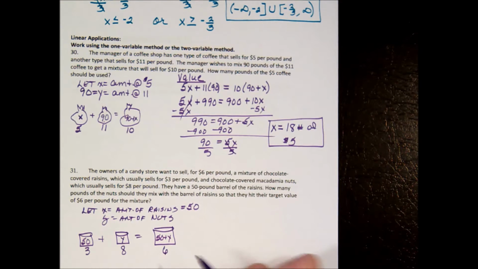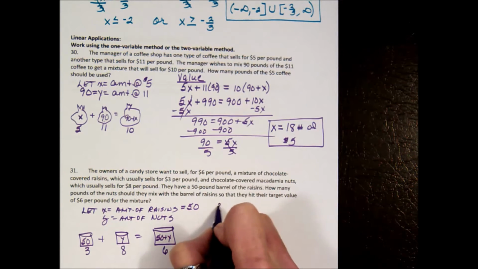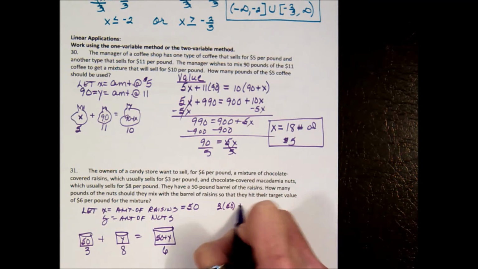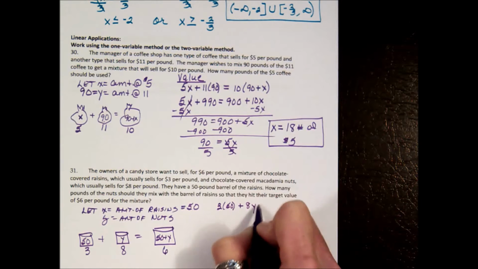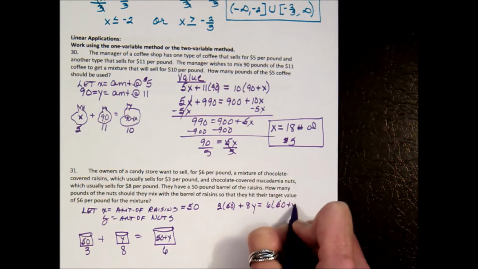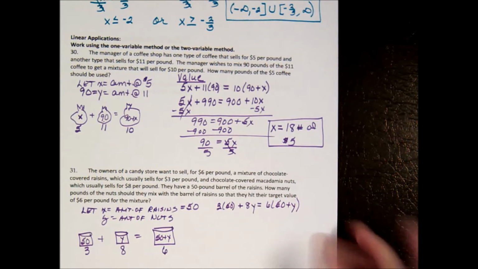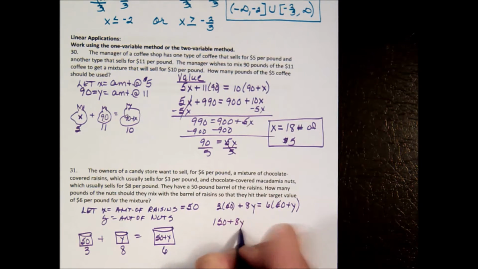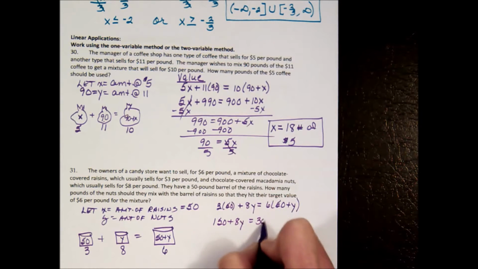So I don't need 2 equations. I only need the value equation. So I need 3 times 50 plus 8Y equals 6 times 50 plus Y. And now we need to solve that. So 150 plus 8Y equals, distribute, 300 plus 6Y.